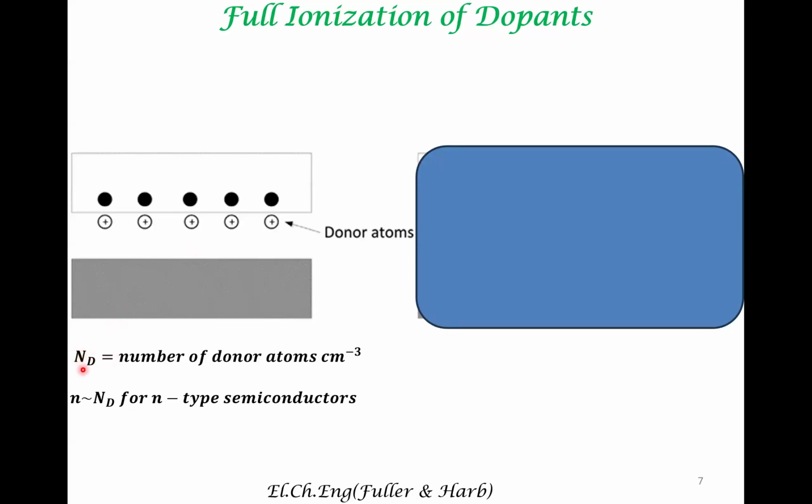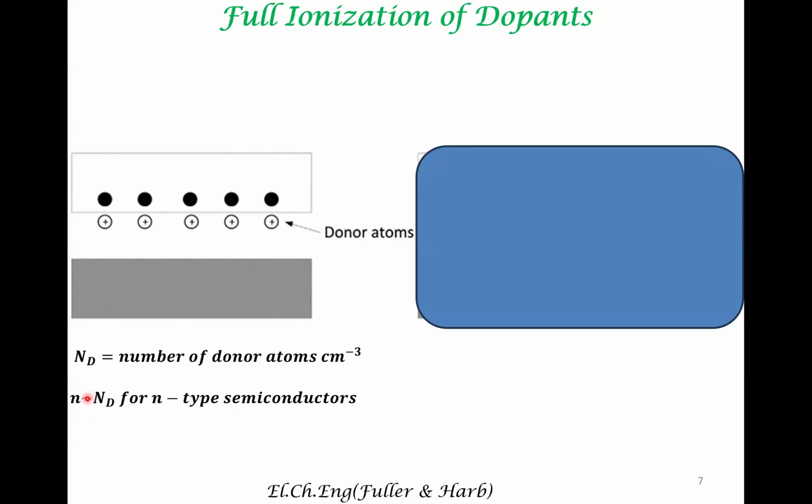If the concentration of the donor atom is denoted as Nd, it is the number of donor atoms per unit volume. If all the donor atoms are completely ionized, then the carrier concentration of electrons is approximately equal to the number of donor atoms.